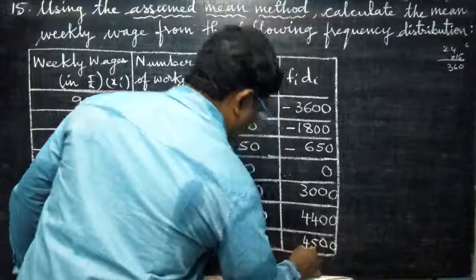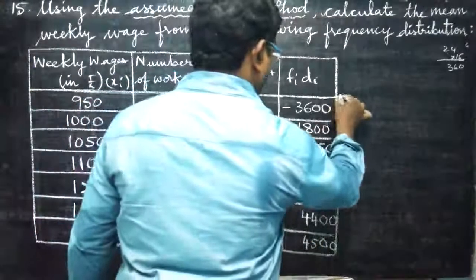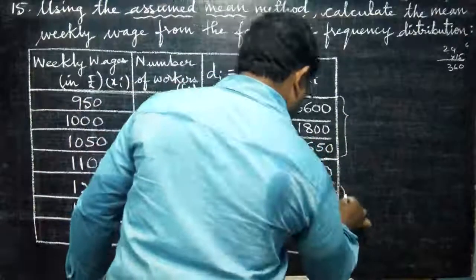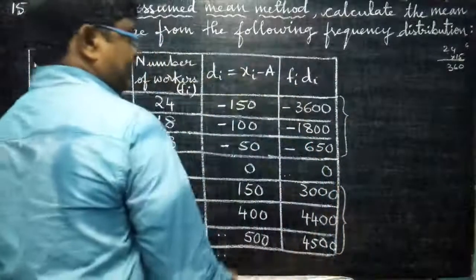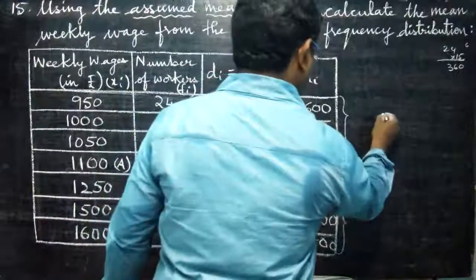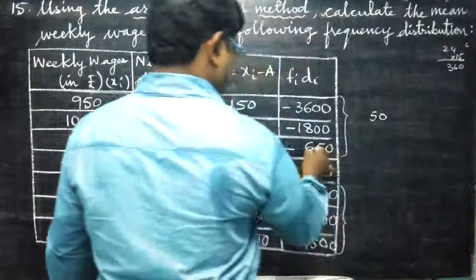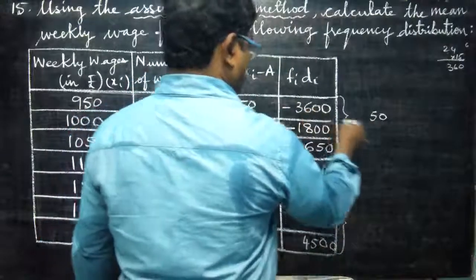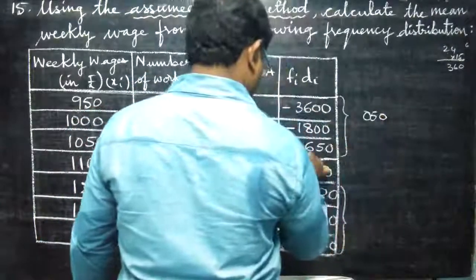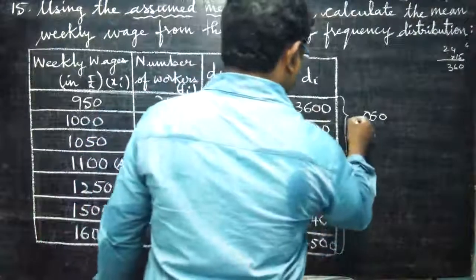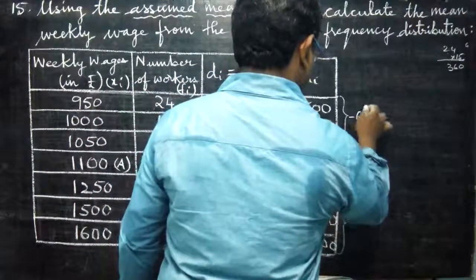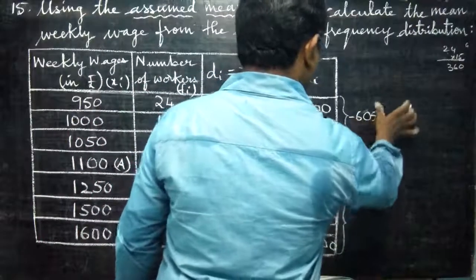So here now you can see negative values and positive values. Simplify. The negatives add up to minus 6050.